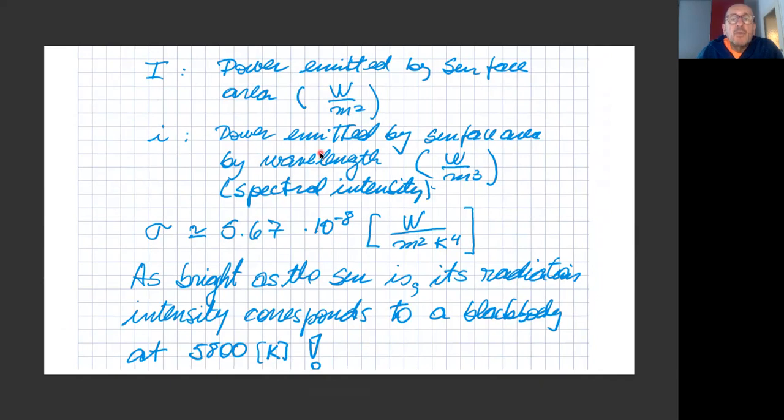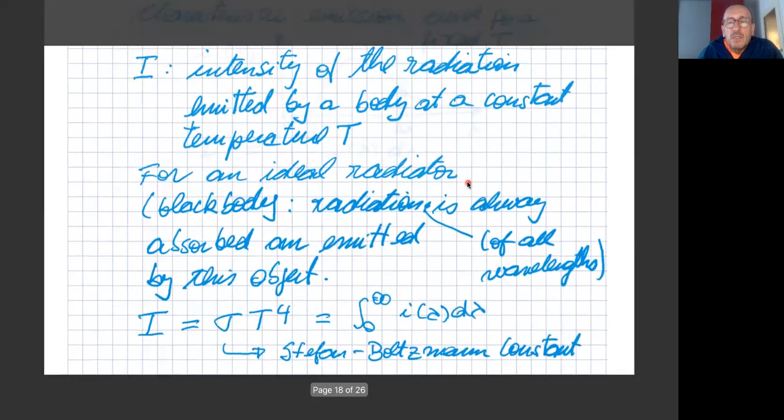The little i is the power emitted by the surface per unit of wavelength. So it's watt divided by meters cubed. How do we get that? Well, let's go back to this expression here. You have to multiply i by a length. d lambda is a length. The small i times a length will give you a big I, which is watt per meter squared.